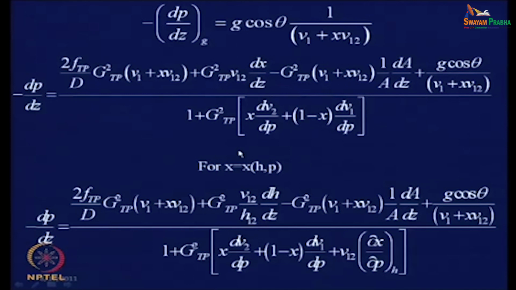Okay, x equals x(h, p), this does not hold, and there we have to perform an energy balance equation, and from that energy balance equation we have to define an effective thermodynamic path which can replace this particular expression x equals x(h, p). Okay. So, this expression can be replaced by an actual thermodynamic path by which the change has taken place, and only after that probably we can go for the actual expression of pressure gradient.